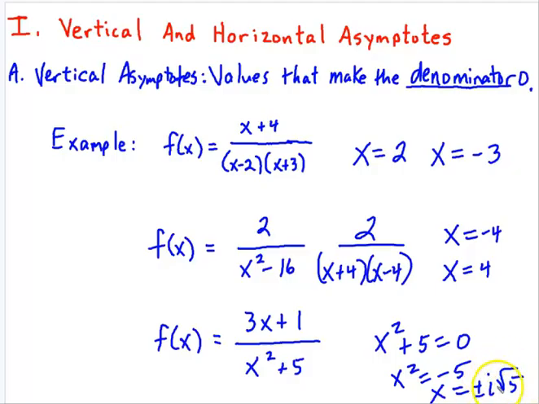Well, that's just another way of saying there are no real numbers that cause the denominator to be 0, so we don't have any vertical asymptotes here. For vertical asymptotes, it's all about the real numbers that cause the denominator to become 0. And make sure you factor first so you can see them easily.